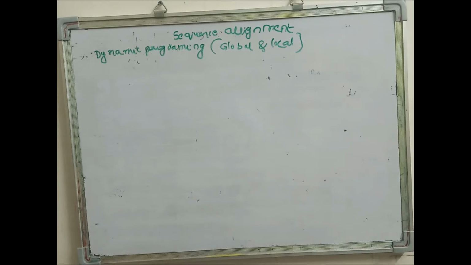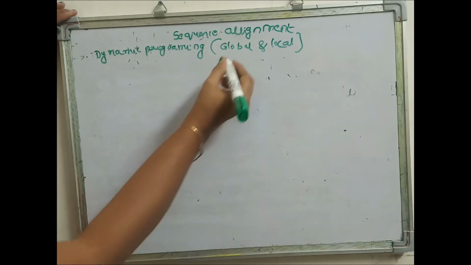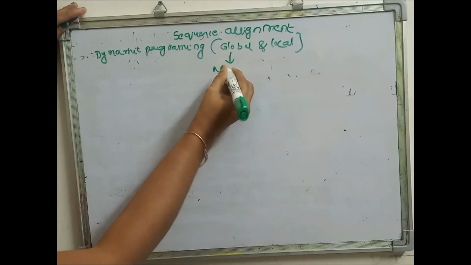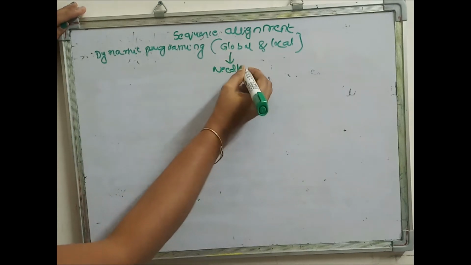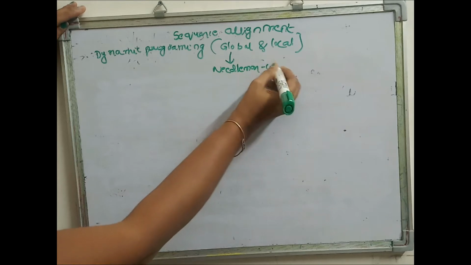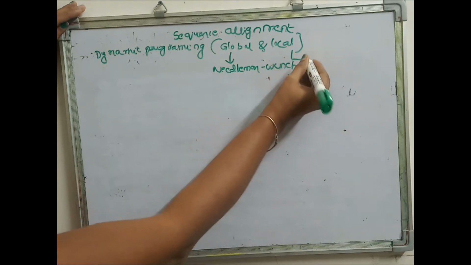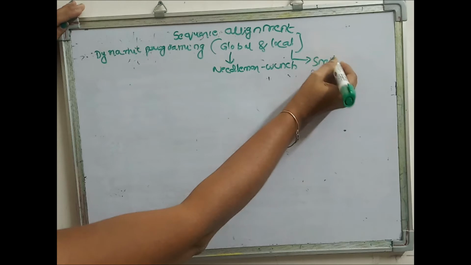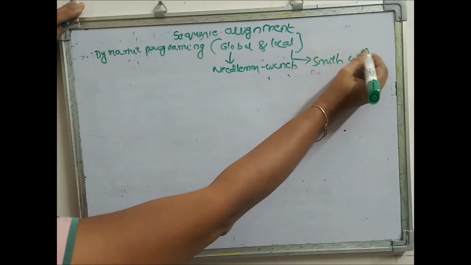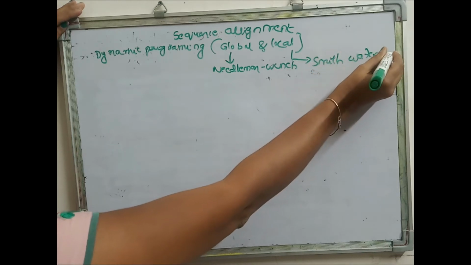In typical uses, protein alignment uses a substitution matrix to assign scores for global or local alignment. Global alignment is Needleman-Wunsch, and the local alignment is Smith-Waterman algorithm.